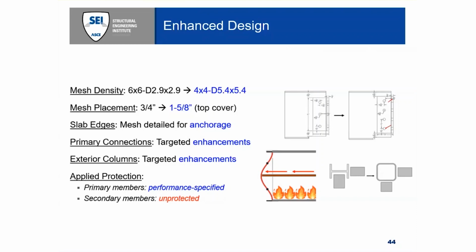So we made some targeted enhancements to the exterior columns, notably shown at the bottom right, where we opted to have hollow steel sections instead of an I shape in order to provide better stability of those periphery columns. And also, as I mentioned, it's only the primary members that are protected with insulation, and they have a performance specification.